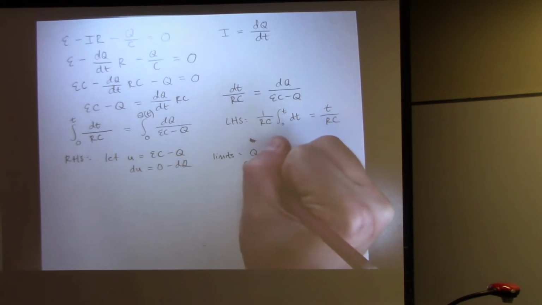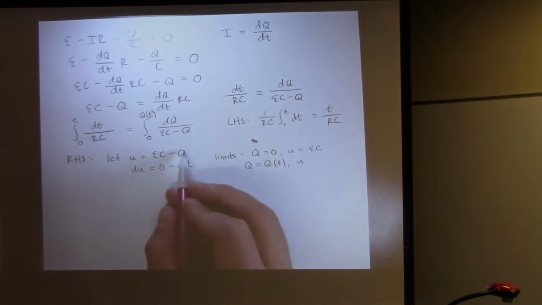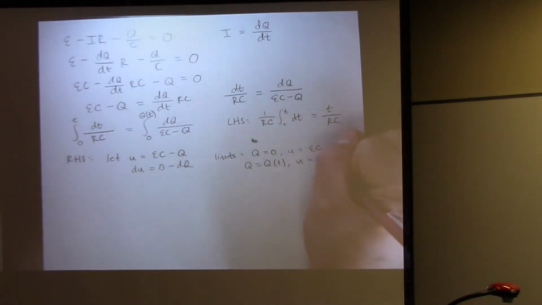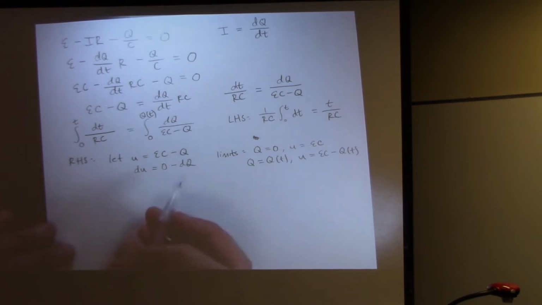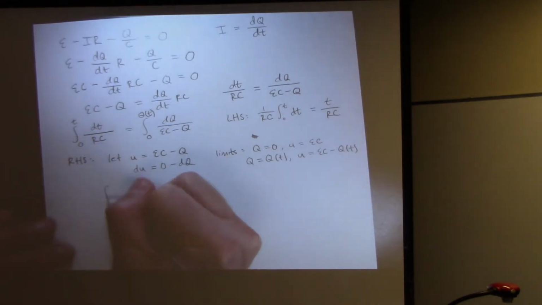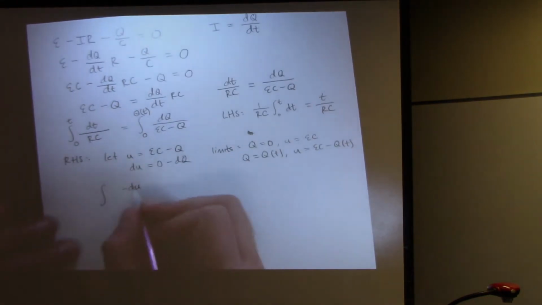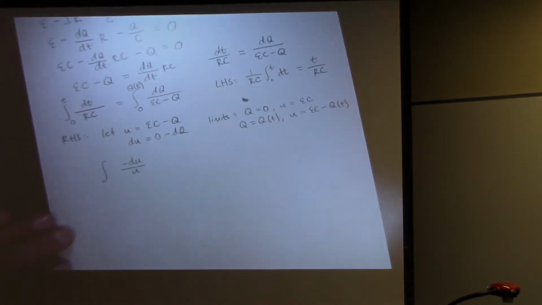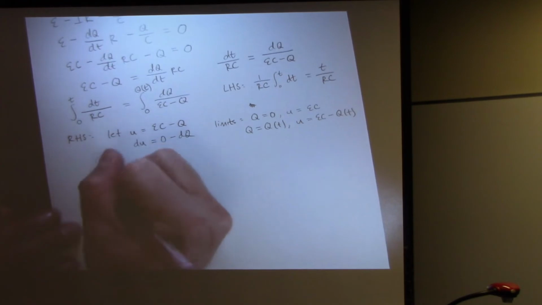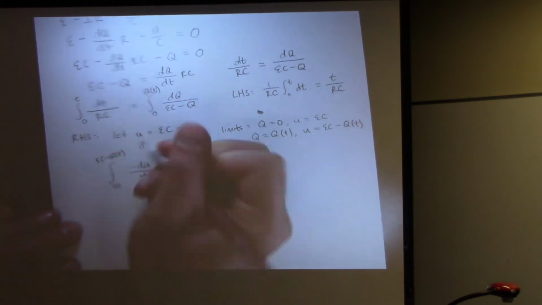And then my q limit was q at time t, now my u limit is going to be, again, plug that in, epsilon c minus q at time t. So those are my u limits of integration. All right, so my right-hand side looks like this. I'm going to have the integral of minus du on top, that negative sign comes in from here, over u on the bottom. Okay, my limits of integration are going to be epsilon c on the bottom, and then epsilon c minus q at time t as my top limit.